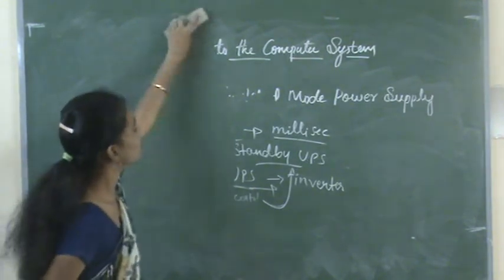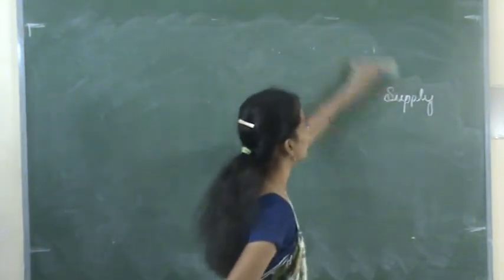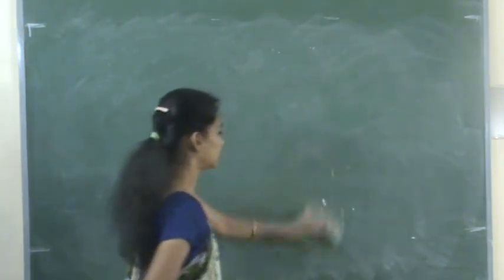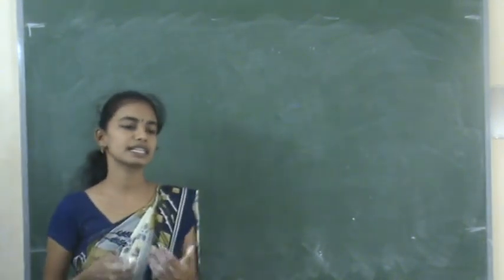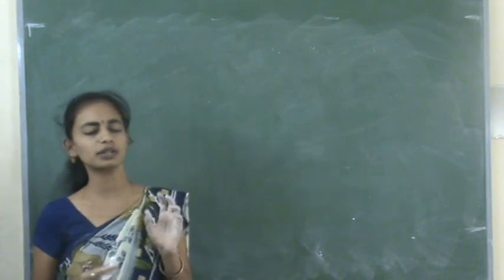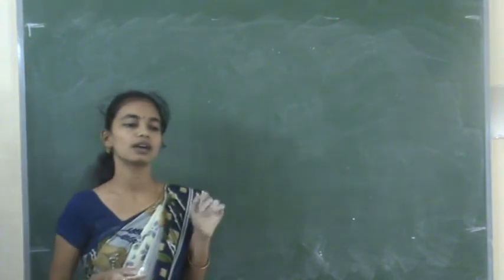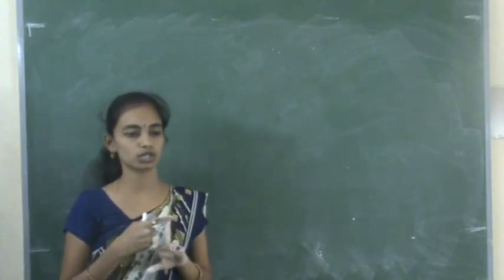In this chapter we studied the motherboard, what a motherboard is, its characteristics, and its components. After that we studied memory and then power supply. In this chapter they will ask 4 marks: one question of 1 mark and one of 3 marks.